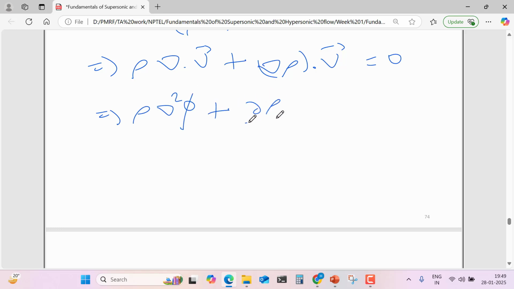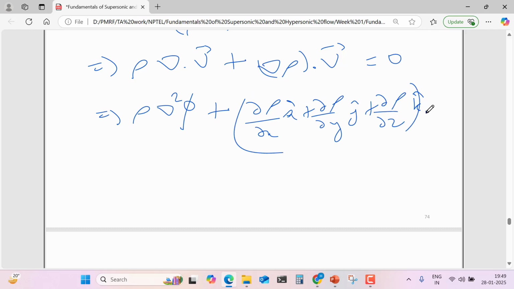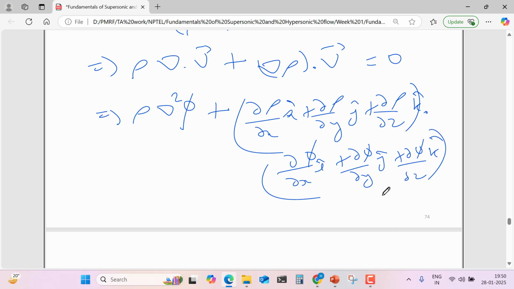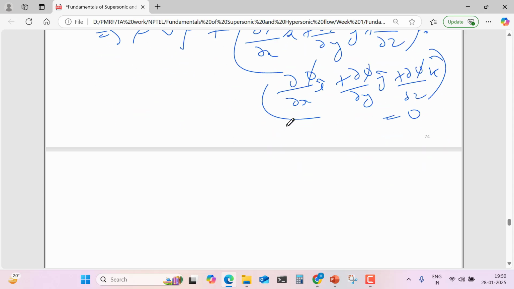Del rho is dou rho by dou x i cap plus dou rho by dou y j cap plus dou rho by dou z k cap, dot V, which we can also write in the form of velocity potential, dou phi by dou x i cap plus dou phi by dou y j cap plus dou phi by dou z k cap, equal to 0. So it can be written as phi xx plus phi yy plus phi zz.